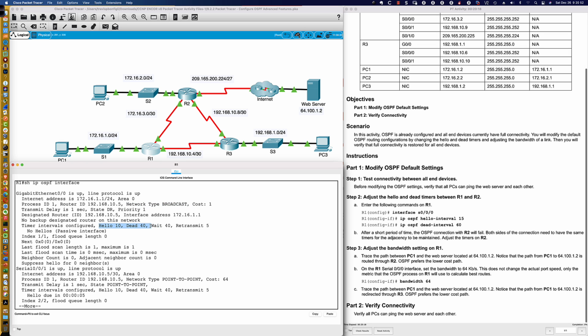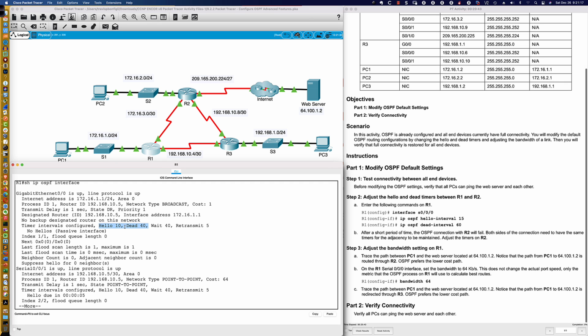And take a look at our default settings for the hello timer and the dead timer. It's 10 seconds for the hello packets. And then if I haven't received 4 of those within the sending time, again, assuming that they stopped coming at the 40-second mark, we would then take the adjacency down, right? And the adjacency would be broken.